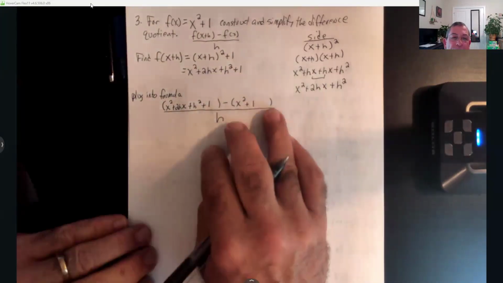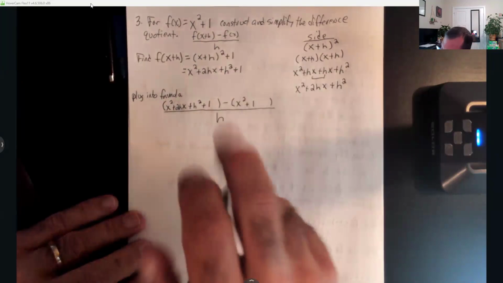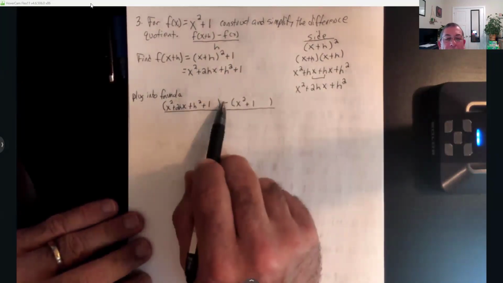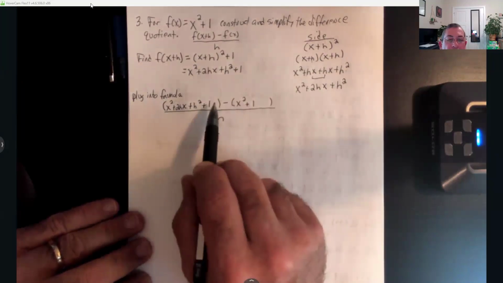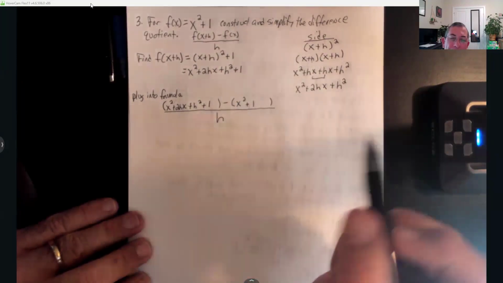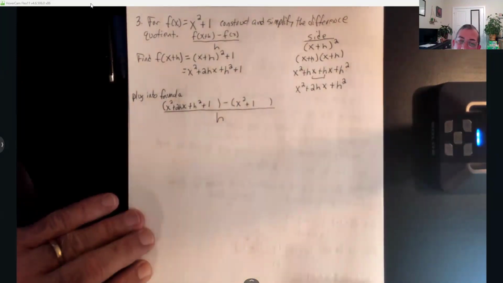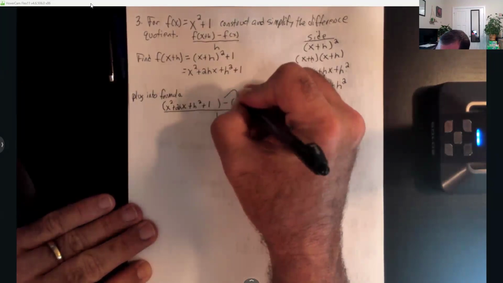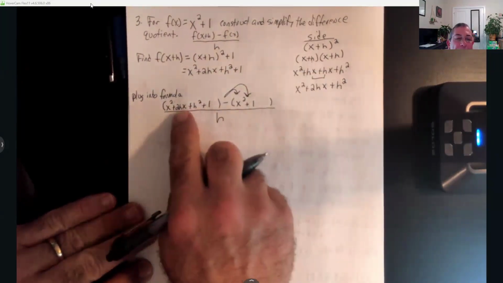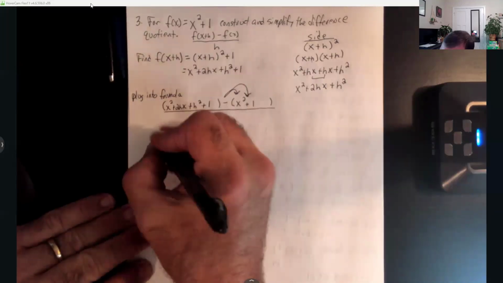Now, if you want to save yourself time instead of having to write this again, you can cancel this stuff at this point because that x squared and that negative x squared are going to cancel. This 1 and this negative 1 are going to cancel. So you can do it like that and save time. But y'all, I'm just going to go the long way. So I'm going to bring this first part down.